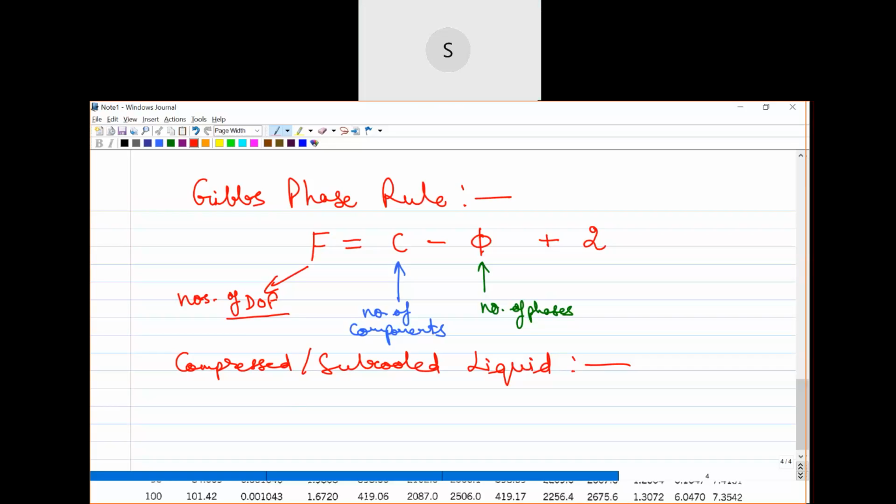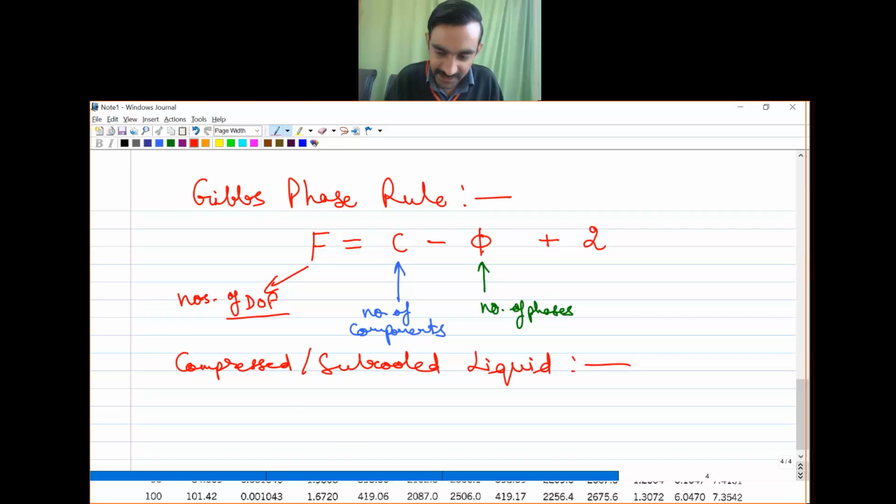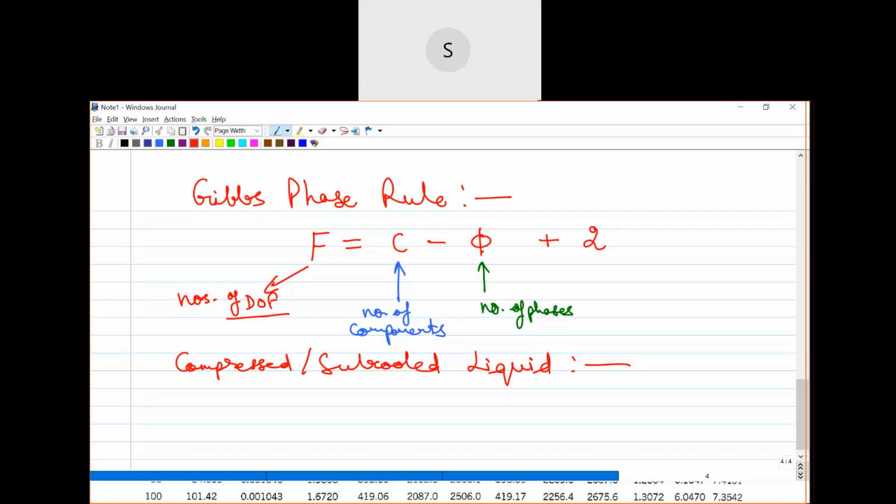Sir, sorry to interrupt you, but does the definition you gave of the Gibbs phase rule tally with the state postulates? The number of independent properties to define the state of a system. Yes, it is. The only thing is that in the state postulate the term intensive was also added, and here the word intensive is not used.